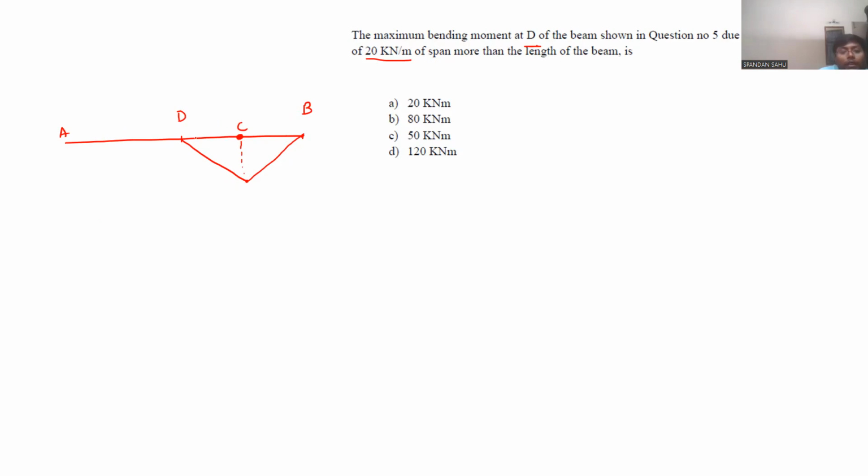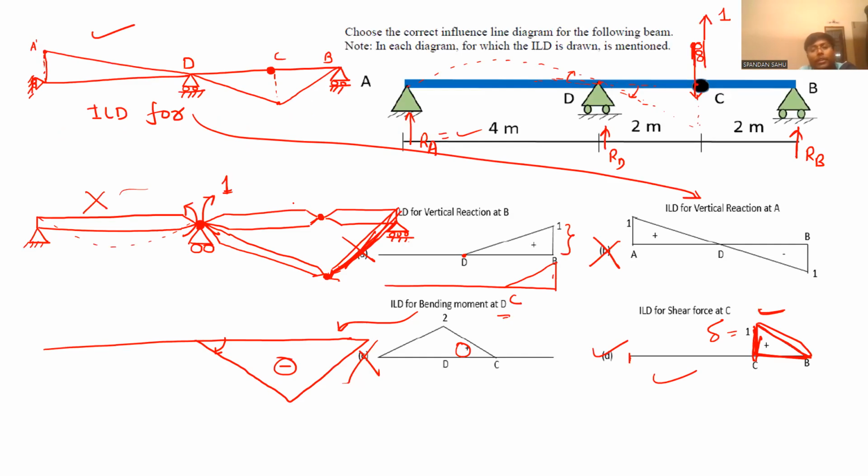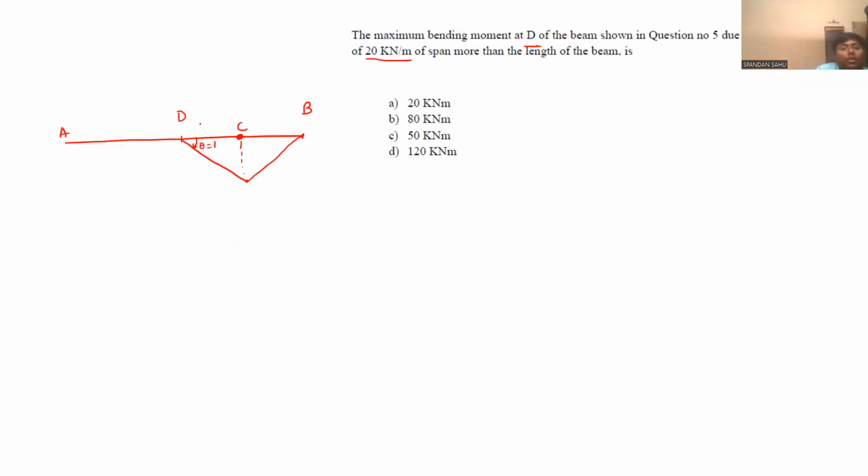Now, check. This theta was 1 because in this direction there won't be any rotation. Now, this length was 4 meter, 4 meter, 2 meter, 2 meter, 2 meter, 4 meter, 2 meter.